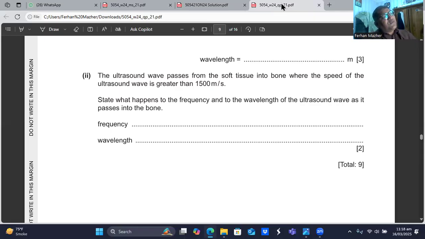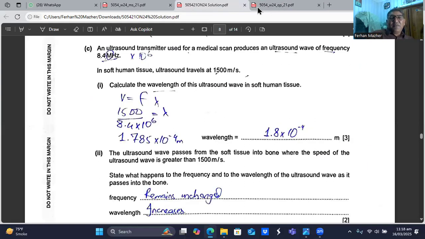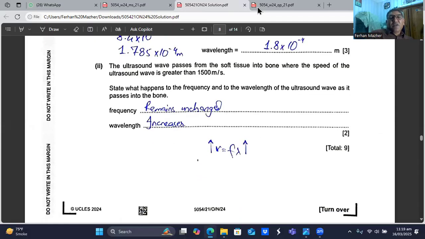They are talking about the frequency when the waves go from one medium into another medium. The frequency does not change. The frequency remains unchanged. But as you know, the speed of the sound waves is greater in the bone. So whatever happens with the speed, the same thing will happen with the wavelength. So the wavelength will also increase, but the frequency will remain unchanged.